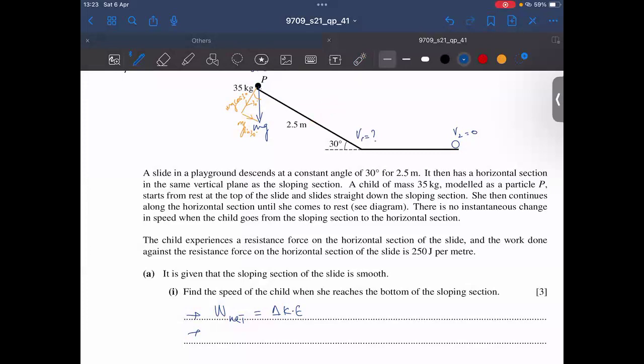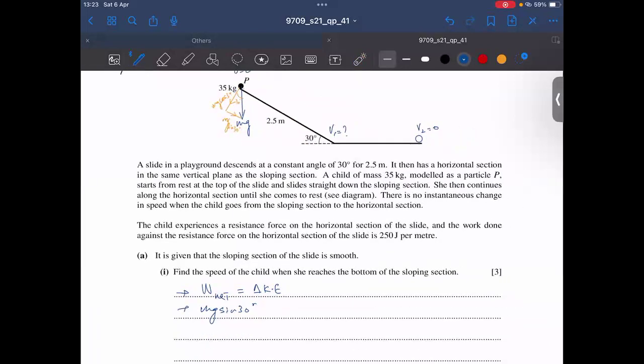The direction of the component is downwards, the same as the displacement, so it's going to be positive: mg sin 30 degrees times the distance, which is 2.5 meters, equals half m v squared minus u squared. Is there any other force? No. U squared is 0. m and m are going to get cancelled.